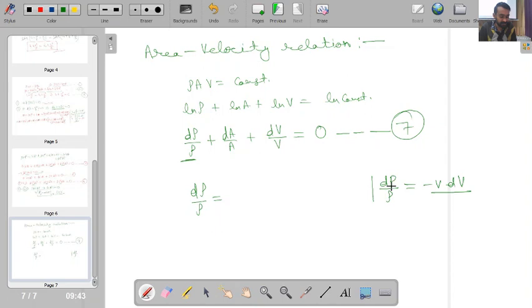Just now I have seen that in terms of pressure and density I have some relation. So this d rho by rho I will try to write in the form of dP by d rho into d rho by rho. Is it correct? No, this is not correct.